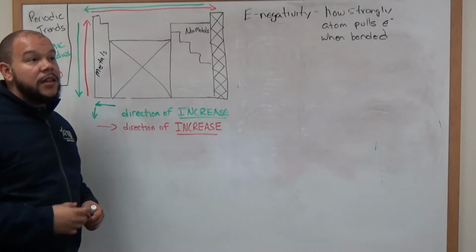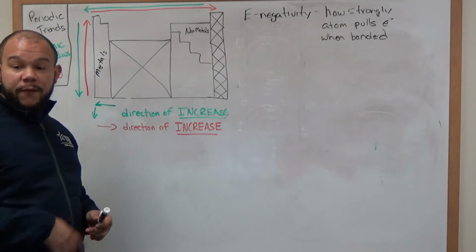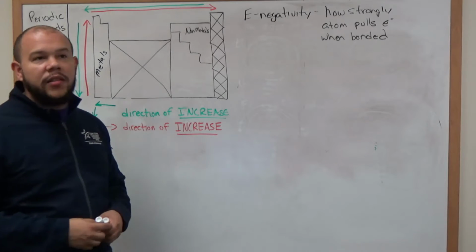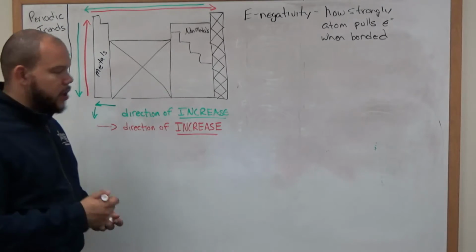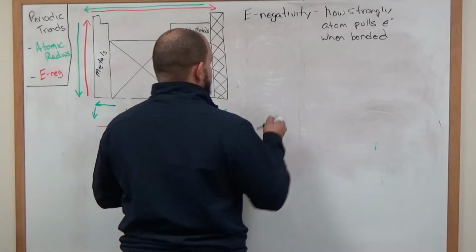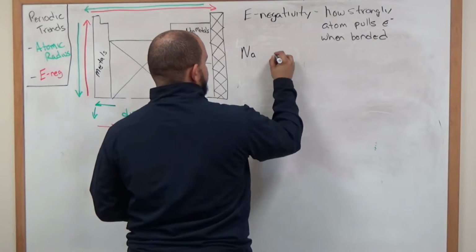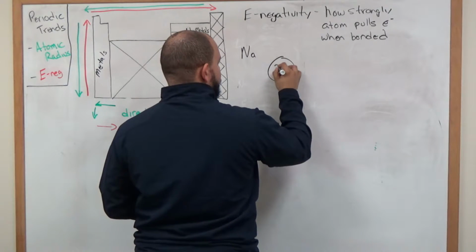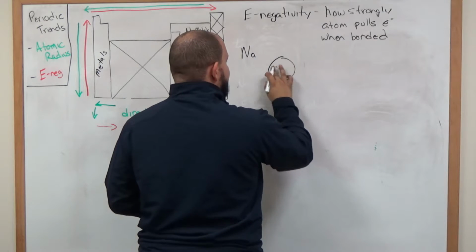Let's look at lithium and fluorine again. Let's look at sodium and chlorine. Let's look at sodium and chlorine to use two different examples. So if we look at sodium, sodium has 11 protons.